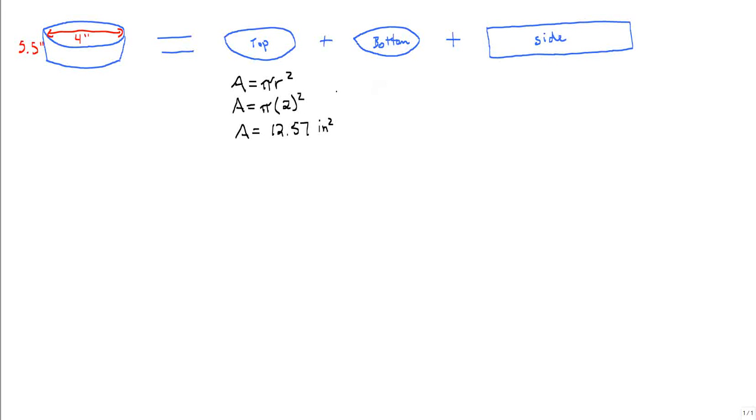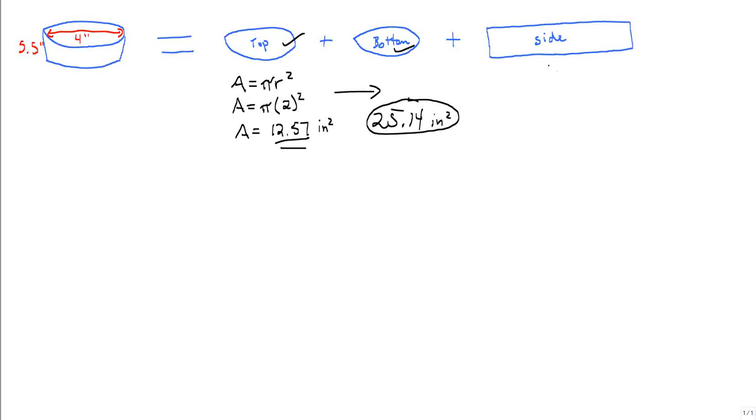So we can just push this over, and all we have to do is just double this, and we're going to get 25.14 inches squared. So now this is the total surface area of our top and our bottom.